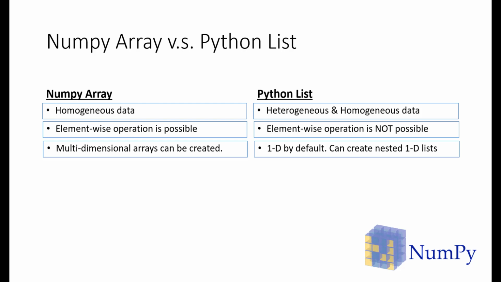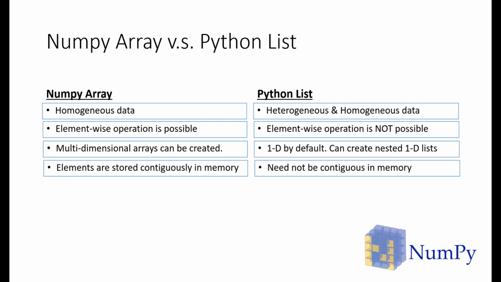There can be a nested one dimension which in turn can be considered as multiple dimensions, but primarily the Python list will have one dimension. And the last difference is in a NumPy array, elements are stored contiguously in memory, whereas in a Python list it need not be contiguous in memory.